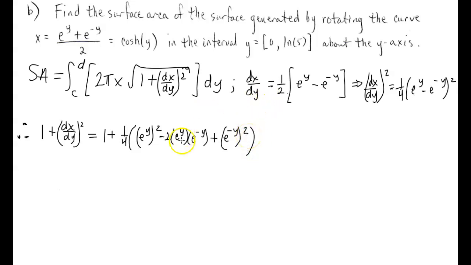Okay. And so all I really did here, just in case you don't know what I did, I just looked at the e to the y minus e to the negative y as just a minus b, and I squared that. And of course we know that a minus b quantity squared is just a squared minus 2ab plus b squared. So that's where I got that from, just in case you didn't know.